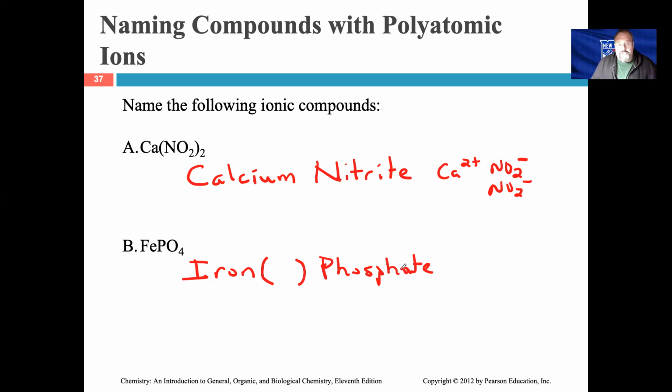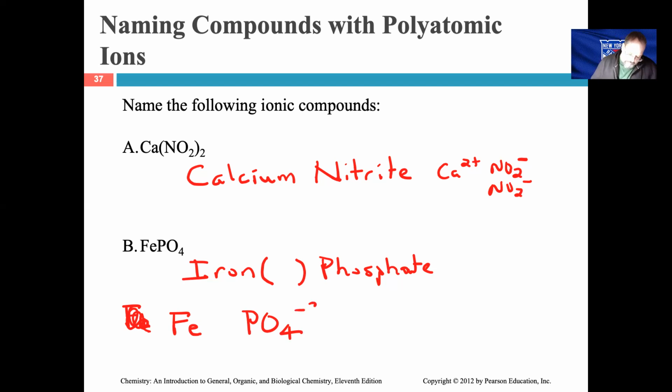Now, how do I figure out the charge of the iron? Well, based on the chemical formula, there's 1 iron ion. I don't know what the charge of it is yet. Based on the chemical formula, there's 1 phosphate ion. PO4 is not in parentheses. So basically, it means there's 1 ion of it present.